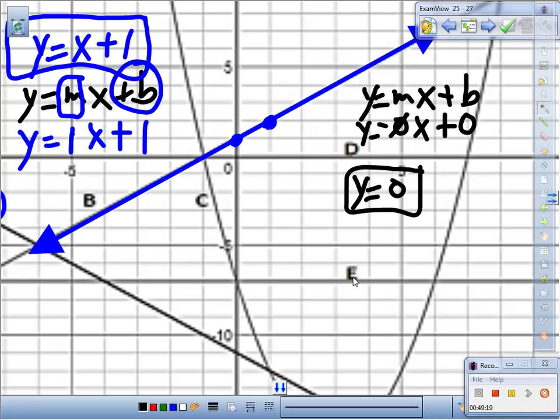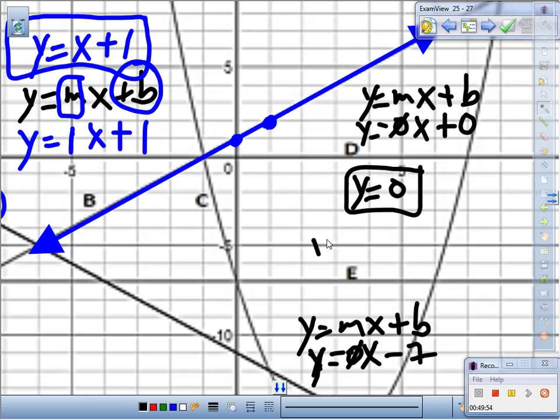Let's go to E. Again, y equals mx plus b. What is my y-intercept? Negative 7. So here's negative 5, negative 6, negative 7. Okay. What is my slope? Since it's flat, once again, it's 0 slope, yes? So what is 0 times x? And what is 0 minus 7?